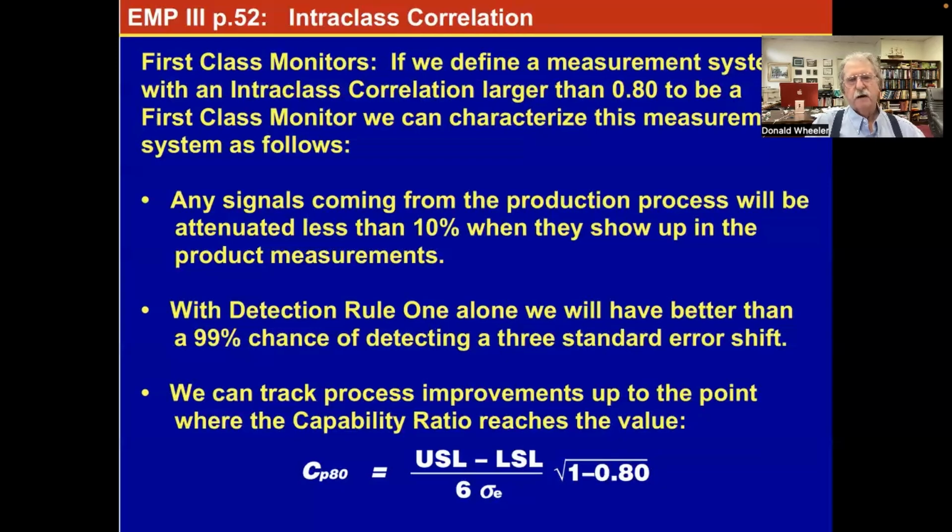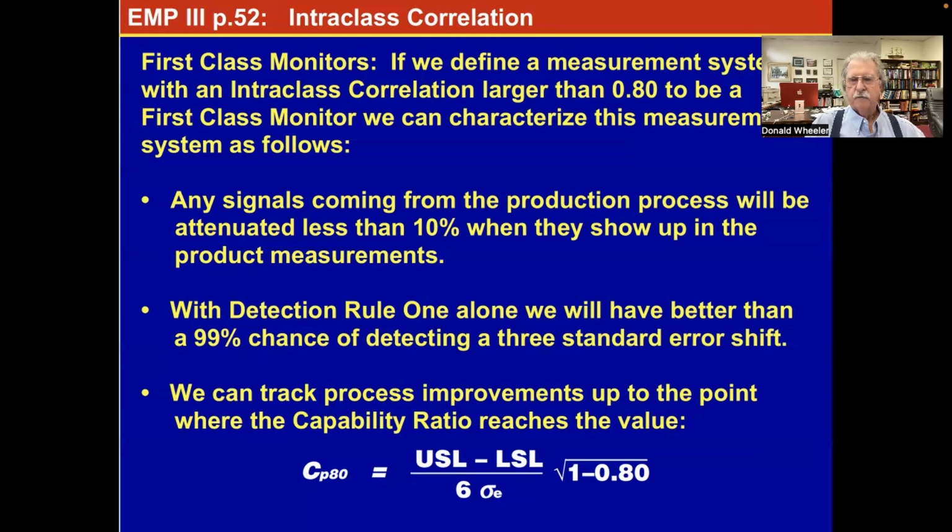With a first-class monitor, detection rule 1 alone will give you better than a 99% chance of detecting a 3 standard error shift. And we can track process improvements with a first-class monitor up to the point where the capability ratio reaches the crossover capability CP80, which is given by this formula here.